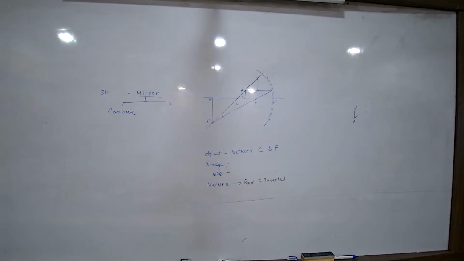The object is between C and F. Draw the object, draw two lines. That is your aim.